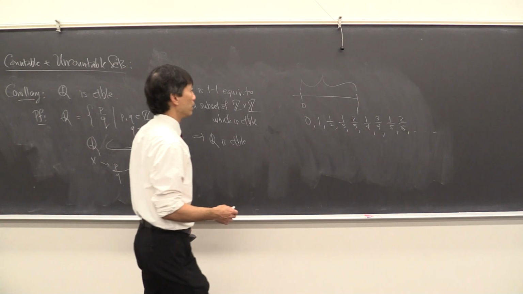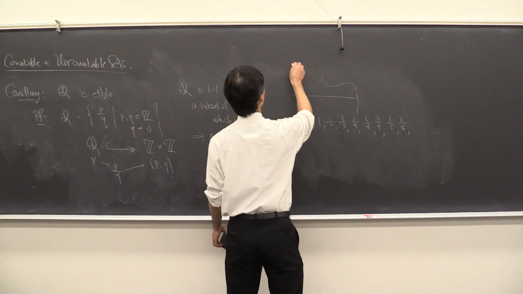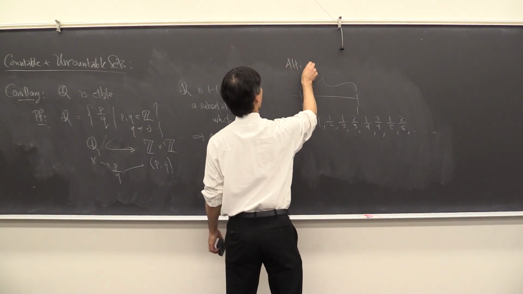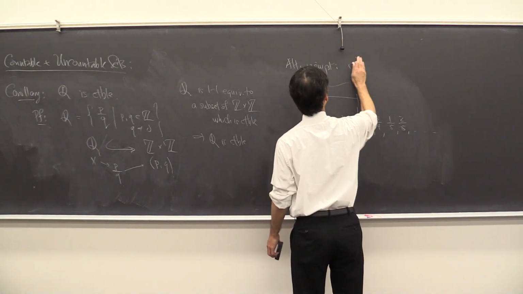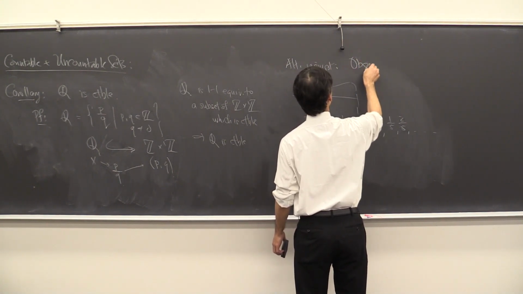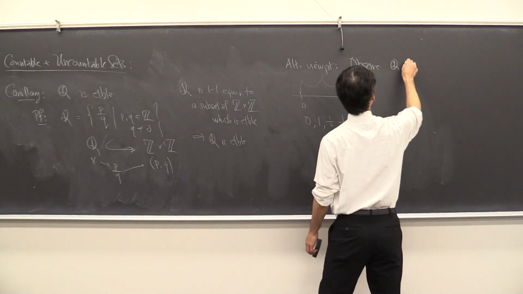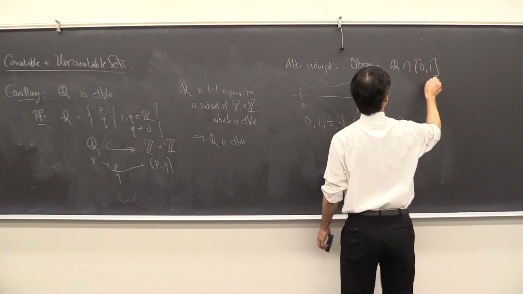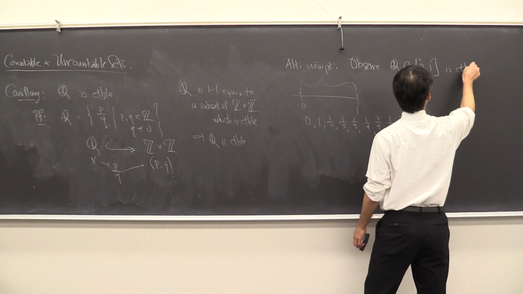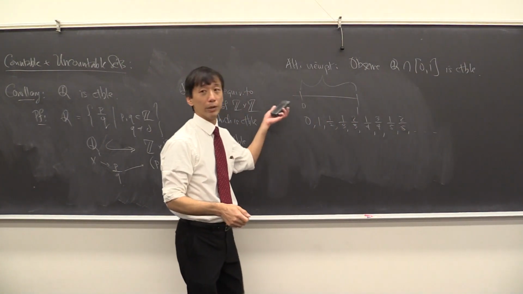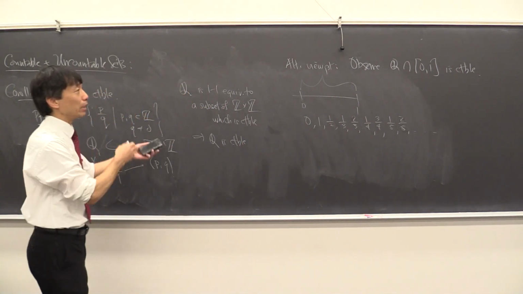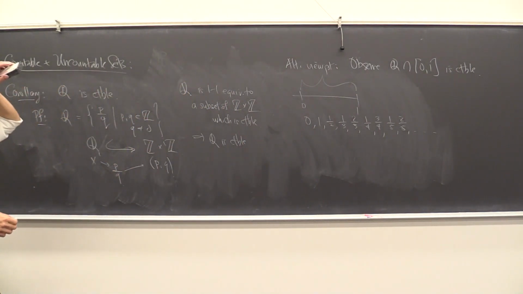Okay, so alternate viewpoint: observe that the rational numbers between 0 and 1 are countable, and then just take the union over a countable set of intervals.